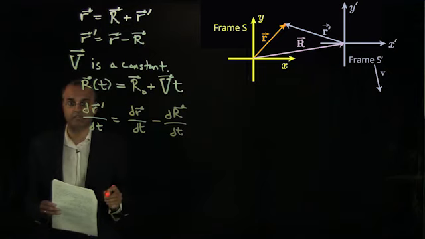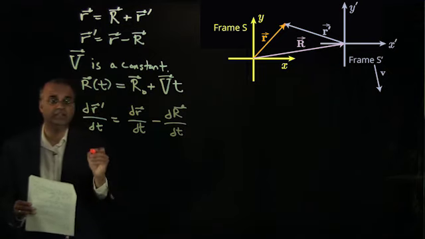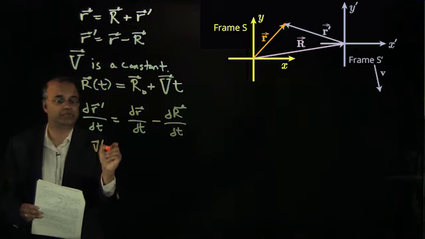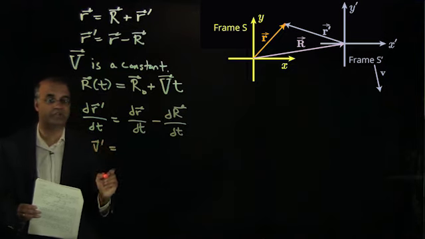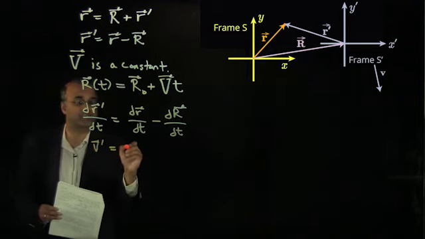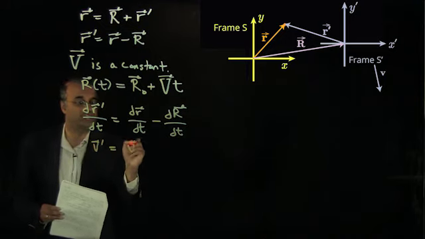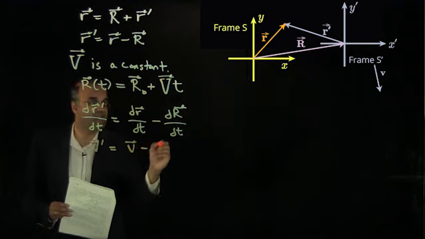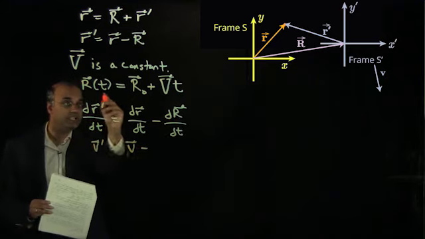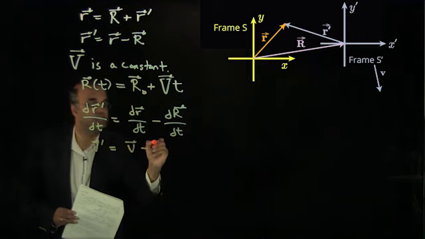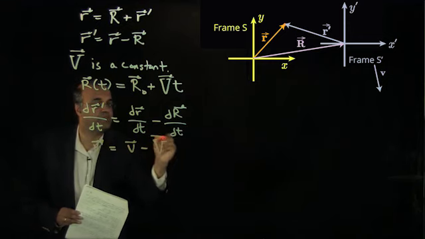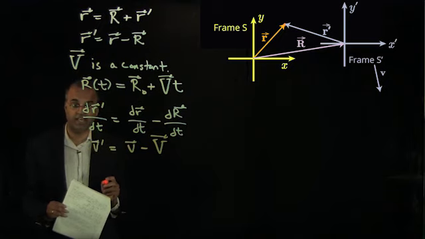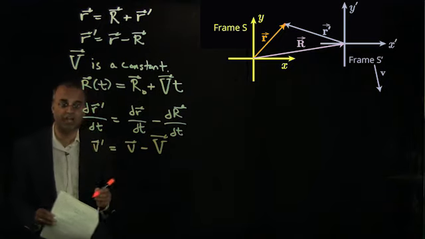And I can rewrite that in terms of symbols for the velocity. So I have here the velocity little v prime, which is the velocity measured by an observer in frame S prime. And that's equal to the velocity little v, which is the velocity measured by frame S, minus d capital R dt, which we see is just capital V vector, which is the velocity of S prime relative to S. So this is how the velocities are related.